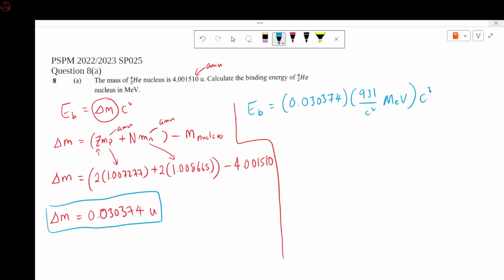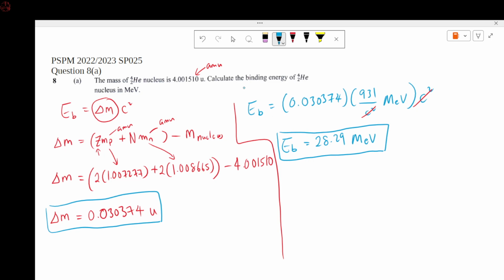The c square just cancels out, and what I'm left with is the binding energy. So key that into your calculator and you will find that the binding energy is 28.29 MeV.